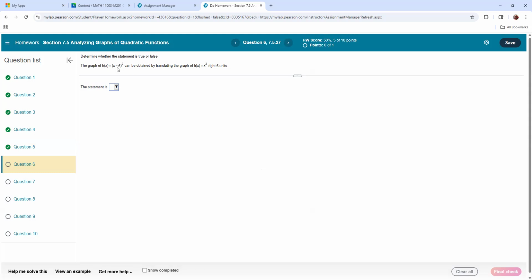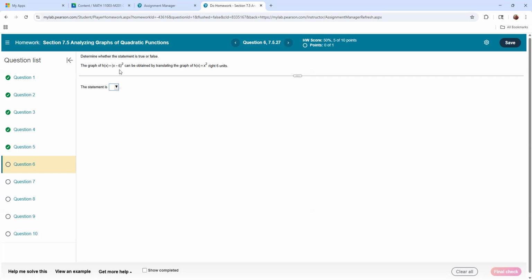So what about this one? We did these in section 7.2. You got x minus 6 squared. So the basic graph is the x squared graph, and they're telling you that. So is it true that by subtracting 6 from the x, I would actually move right 6 units? Is that true? Or would that be false?